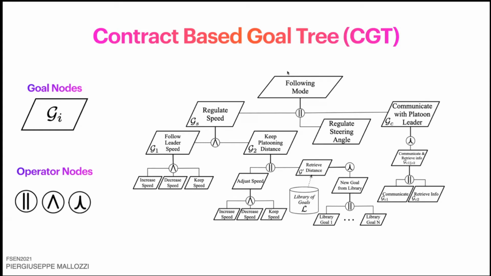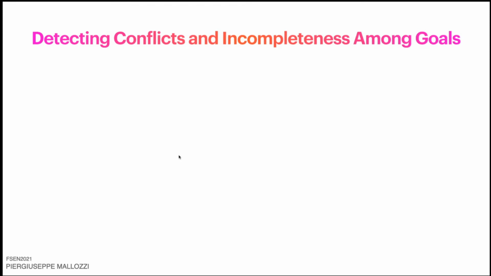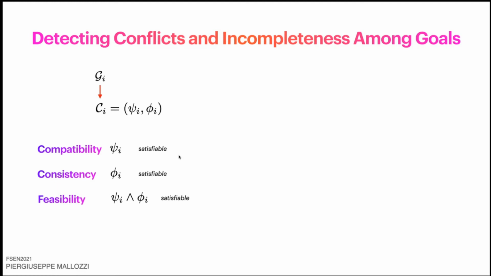Okay, so now how do we translate the conflicts and incompleteness that we see in goal models in terms of contracts? Well, we resolve the conflicts by checking compatibility, consistency, and feasibility, meaning that the assumptions of the contract have to be satisfiable, the guarantees have to be satisfiable, and the conjunction of assumptions and guarantees also has to be satisfiable.